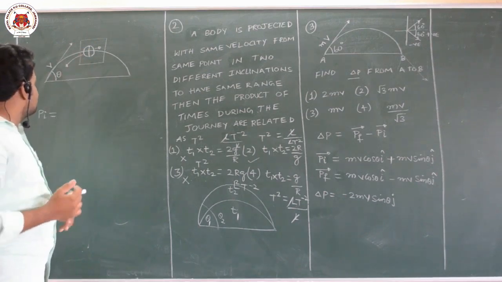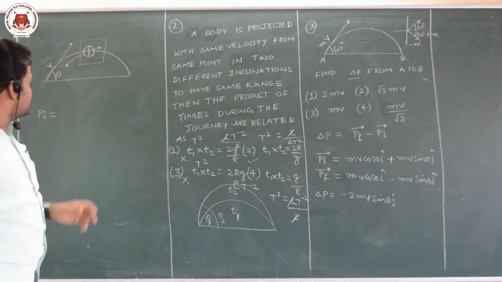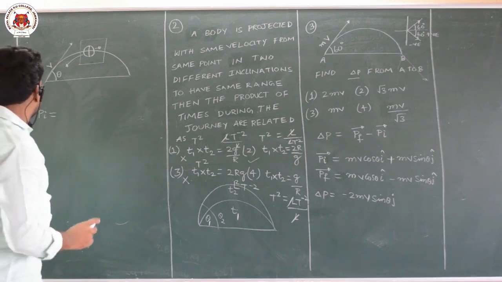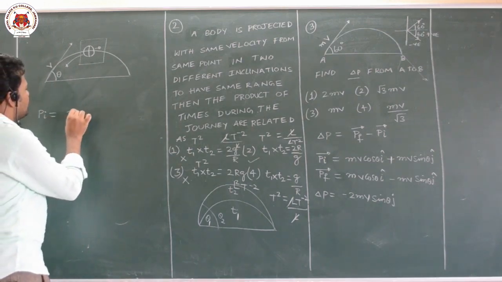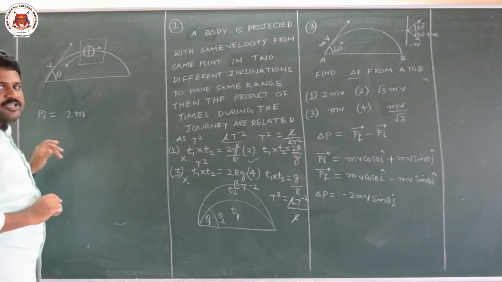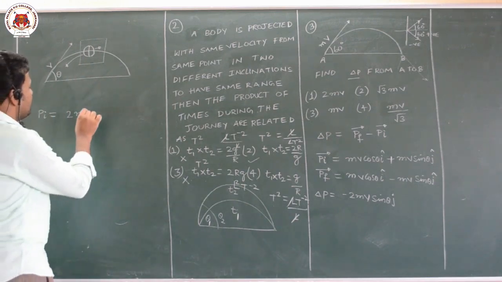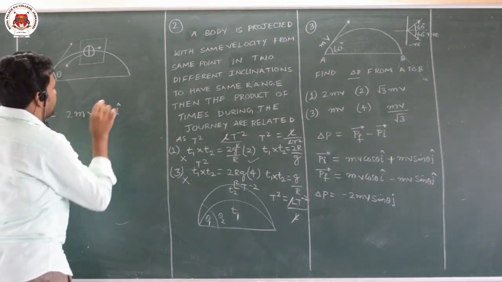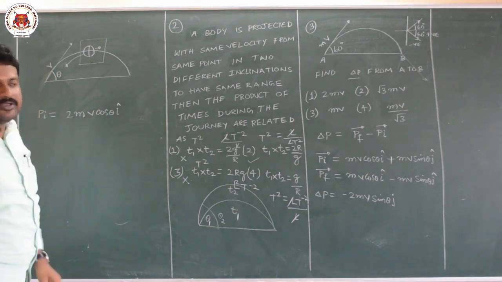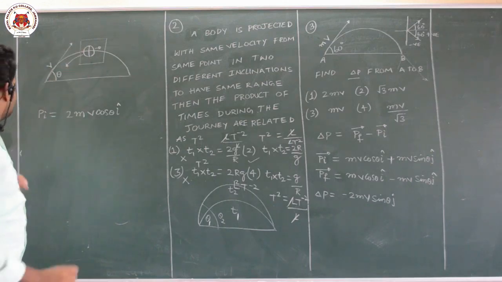So here the velocity of the projectile is u cos theta, that is v cos theta according to this condition. So let us take the mass of the projectile as 2m. So 2mv cos theta i cap. It only has the horizontal component of velocity.